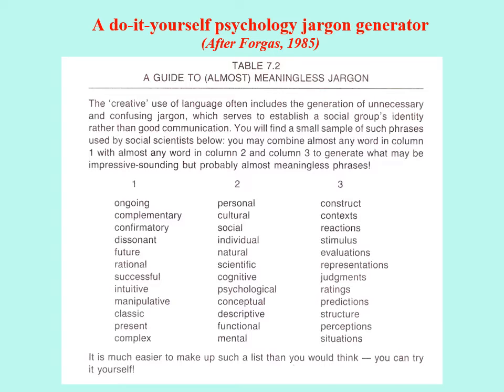I actually created that simply by making 3 columns of words and then suggesting that any word from column 1 can be combined with any word in column 2 and then column 3, and that will give you a scientific sounding, important sounding expression, which actually doesn't really mean anything, but it could be inserted into a psychological publication and people might believe that you know something that they don't.